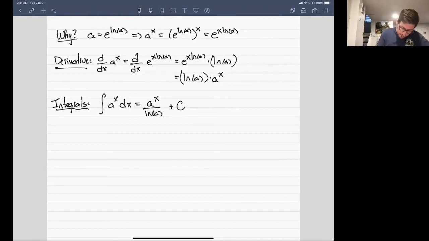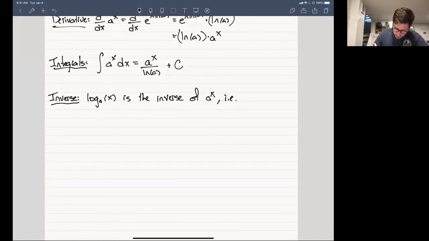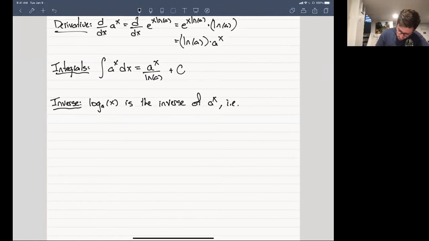And of course, the last piece of this is the inverses. We denote log base a of x as the inverse of a to the x, which is the same as saying that if I consider the function log base a of a to the x, this is equal to x, and a to the log base a of x is equal to x.